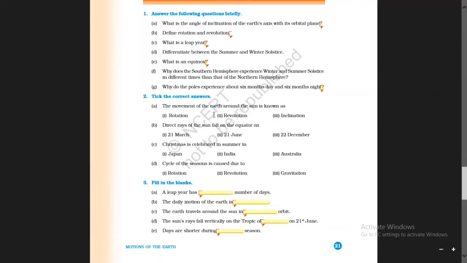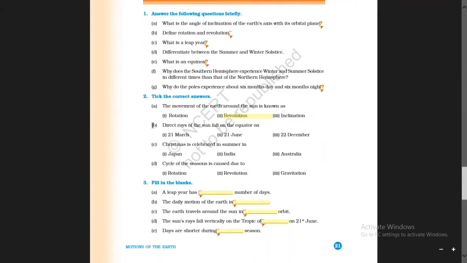So the movement of the earth around the sun takes 365 and 1/4 days here. So your answer will be revolution. So you tick this revolution, second option.